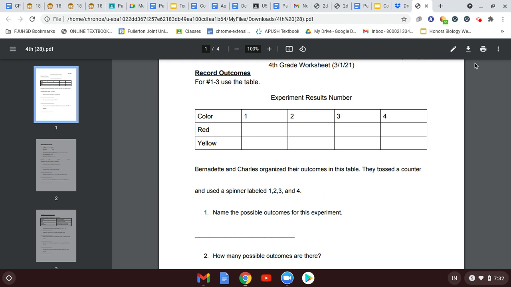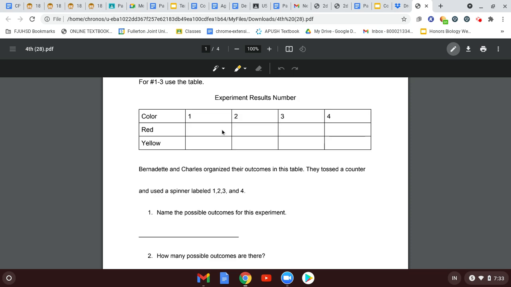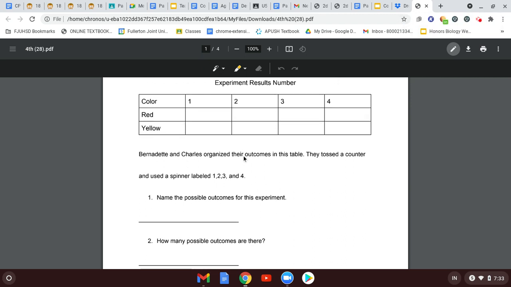So the possible outcomes are that red could equal 1, 2, 3, or 4. And then the yellow could also be 1, 2, 3, or 4.